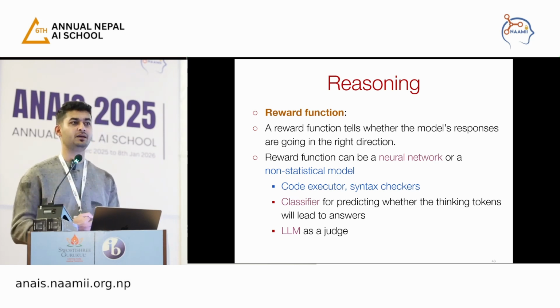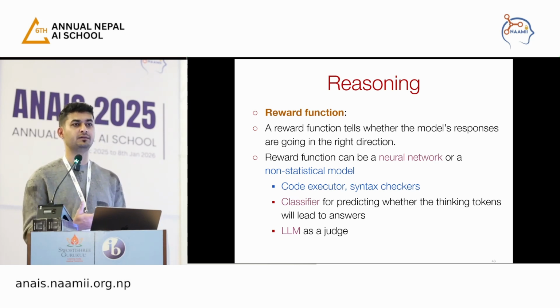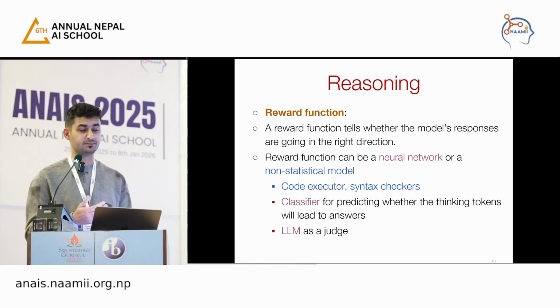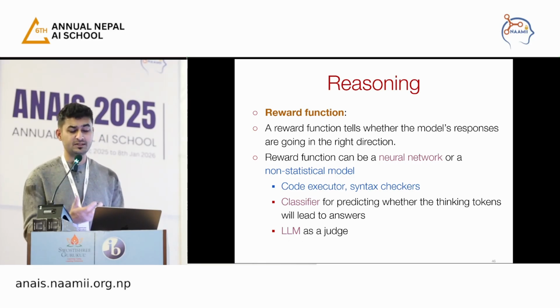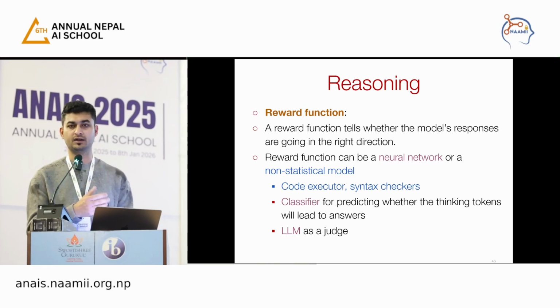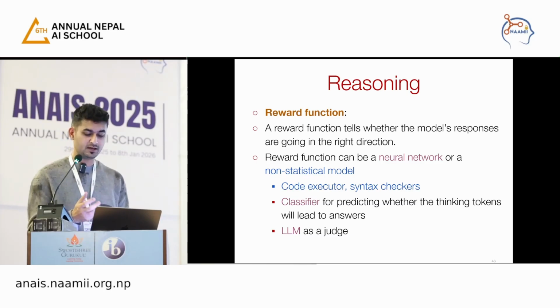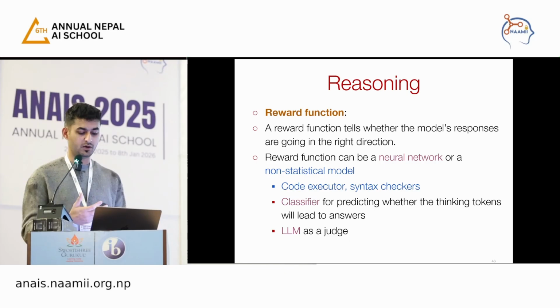At times it can be a non-statistical function, for example code executors or syntax checkers, and at times it can be a neural network, for example a classifier that tells whether these thinking tokens make sense or are complete nonsense, whether the reasoning steps will lead to an answer.